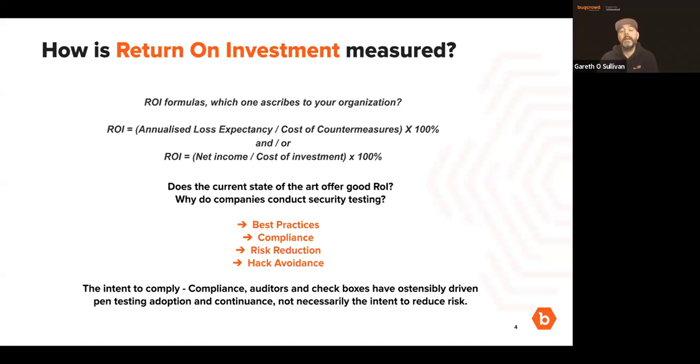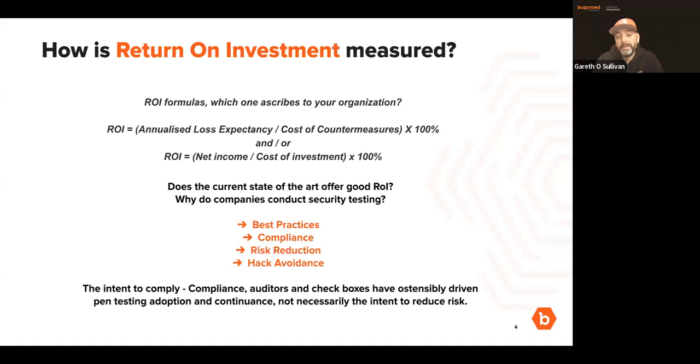We'll take a look at what you should expect when you commit budget to a testing process, and how bug bounty can improve things for organizations. We also want to factor in, does the current state of the art offer good ROI? Do the testing practices that you currently employ give you good value for money and good return on your investment?